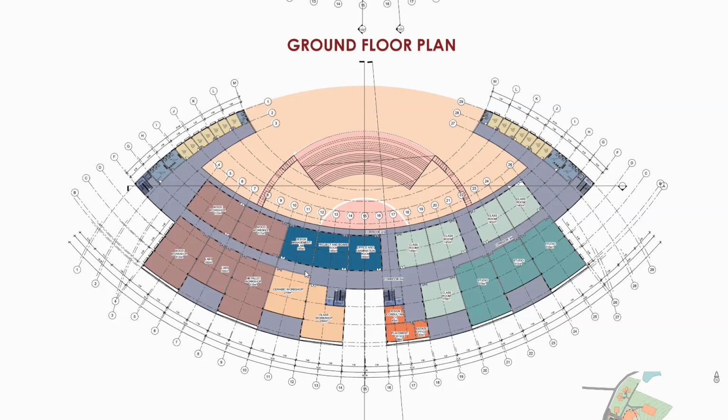Because the site is prone to floods, and this site is also very close to the Tungabhadra river that passes through Hampi, this site is prone to floods, but not heavily. So I have considered giving workshops and office spaces on the first floor.